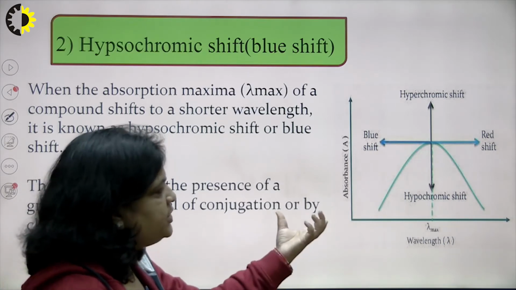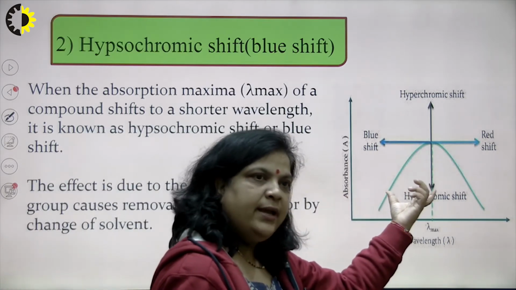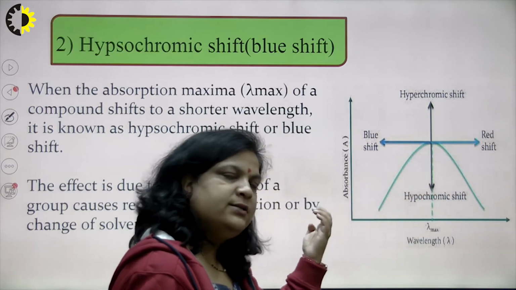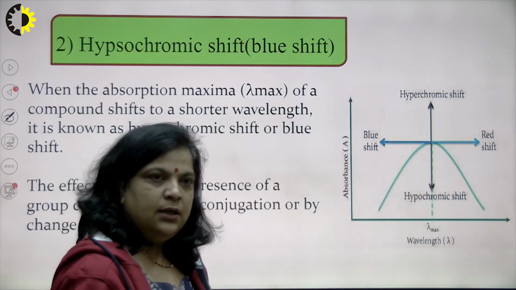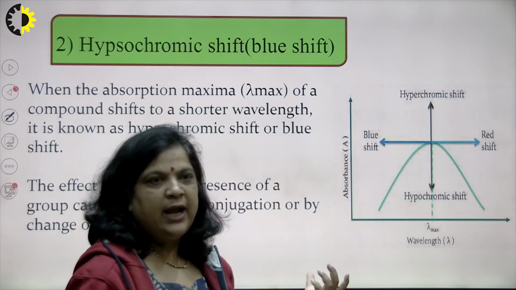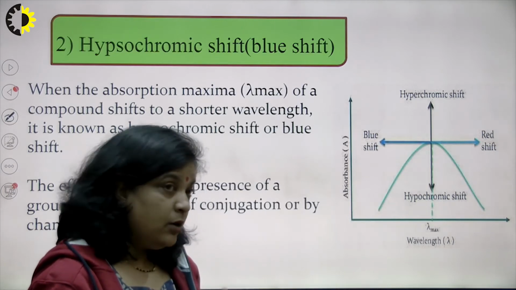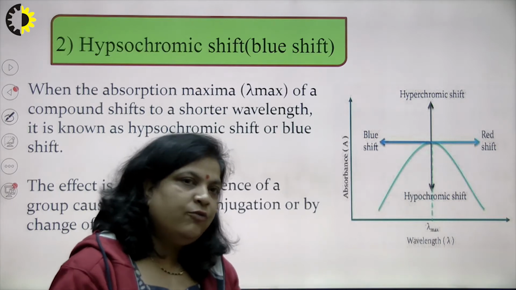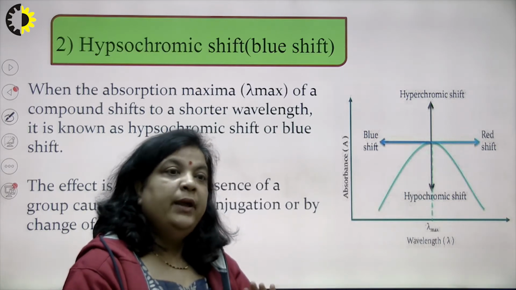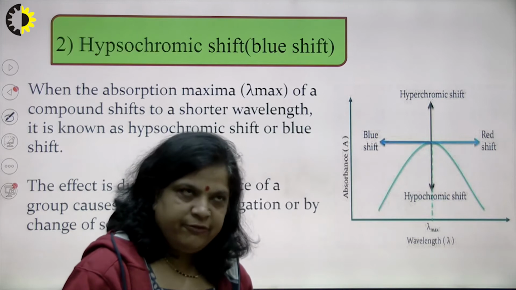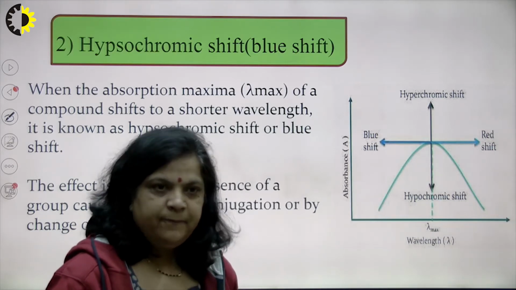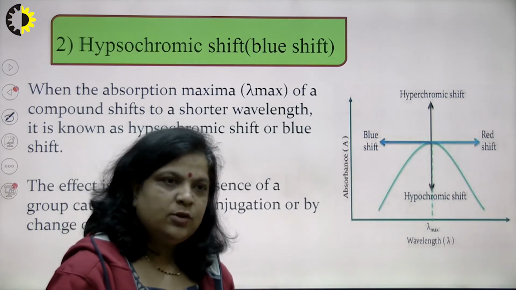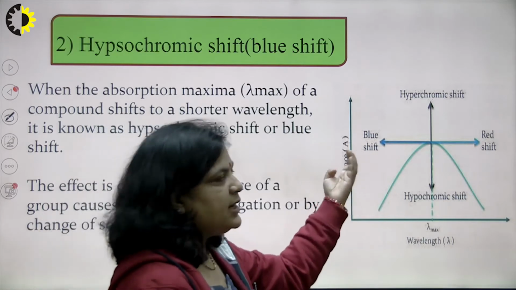So, if the absorption maxima, that is lambda max of a compound, shifts towards shorter wavelength, it is known as blue shift or hypsochromic shift. Now, just remember the reverse: due to removal of conjugation, maybe removal of an auxochrome, or change in the polarity of solvent, it may cause this type of shifting.